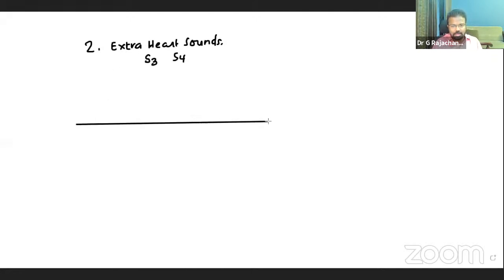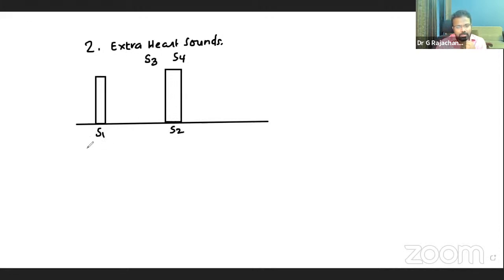For example, this is a cardiac plane. Okay, this is S1. This is S2. So here I will write S1 and here I will write S2. So what is S1?